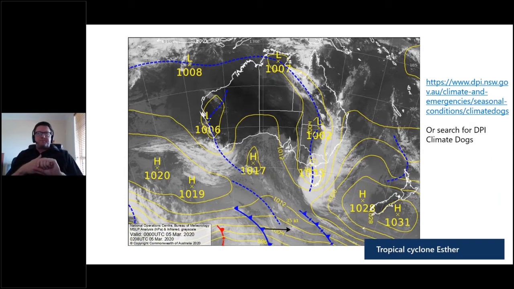Another driver you may have heard about is a process called the southern annular mode. It's really the pressure systems revolving around the Antarctic. A really important bit of information about those is where they're positioned latitudinally, up and down. Are they closer to Australia?